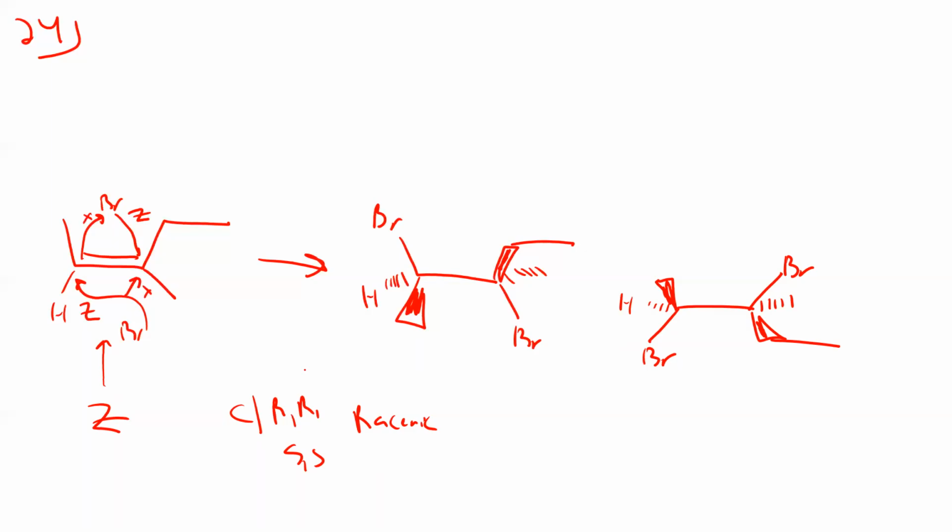So 25 is synthesis. That means we have to figure out what the starting material was. And they say, okay, we have bromine here, we have a bromination, and we have this.